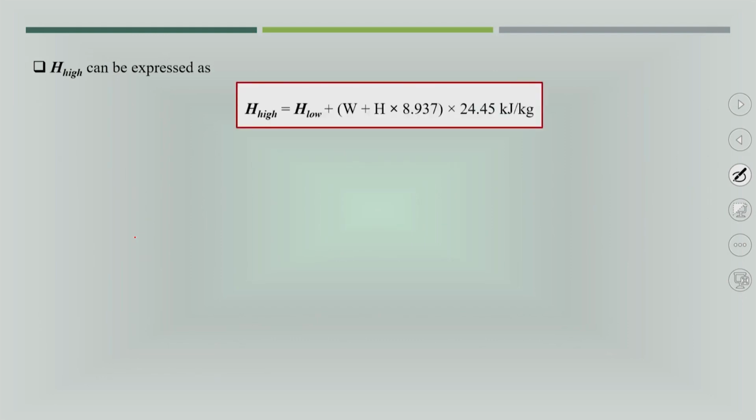Now, H high can be expressed as H high equals H low plus W plus H into 8.937 into 24.45 kilojoule per kg, where W is the moisture content and H is the hydrogen percentage.